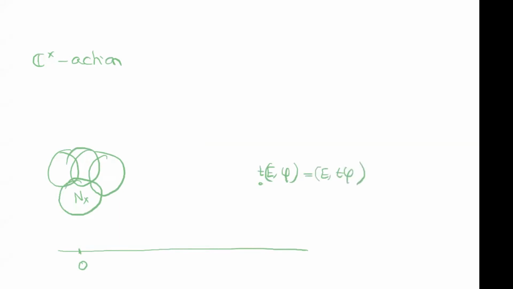And by properness of the Hitchin map, so this would be the moduli space, this would be the Hitchin base, one always finds a limit at 0. So these will hit different fixed point sets. So there's the moduli space of bundles, as I just mentioned, but there will be others.